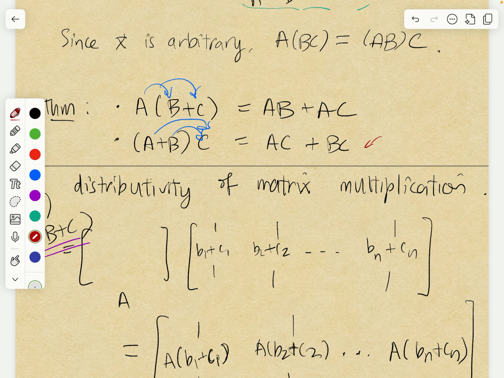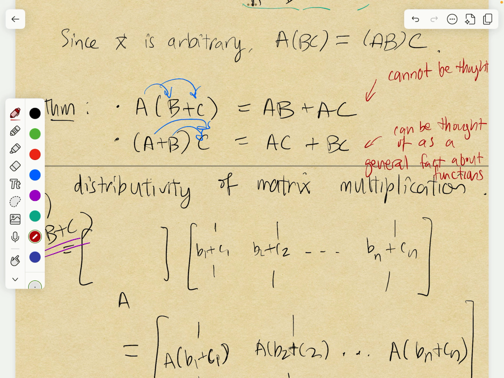This one can be thought of as a general fact about functions. But this one cannot be thought of as a general fact about functions.